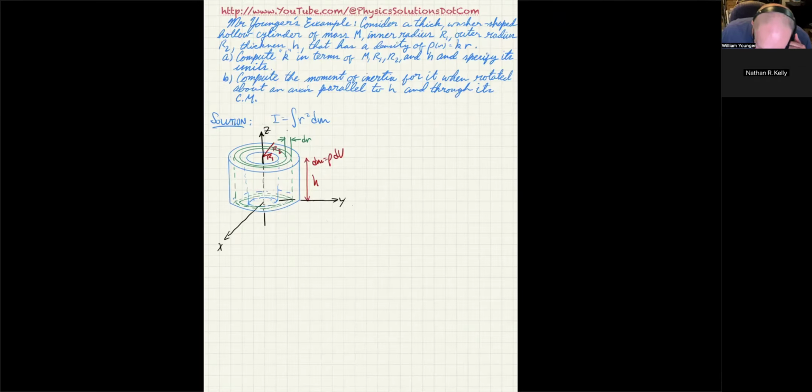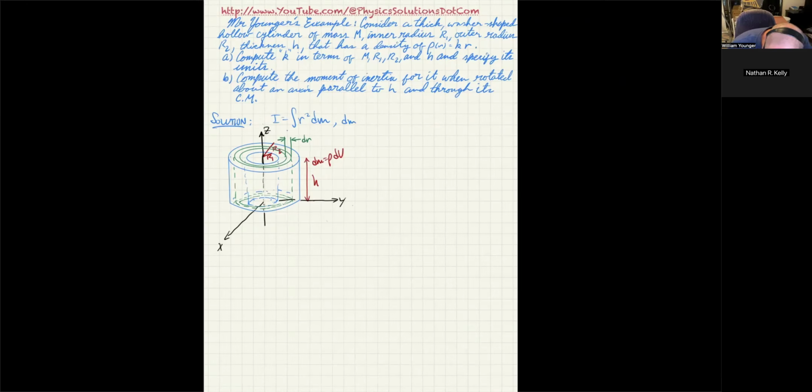Now, given that argument, I'm asking you to compute K in terms of M, R1, R2, and H, and specify the units of K. So we are going to do that. But now let me go ahead and write down the solution. We needed I equals integral of r squared dm.